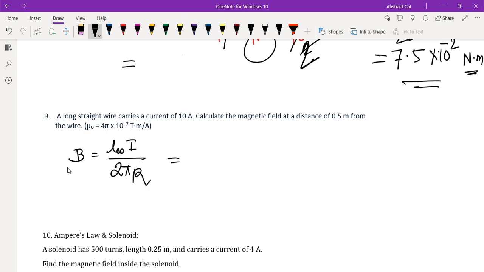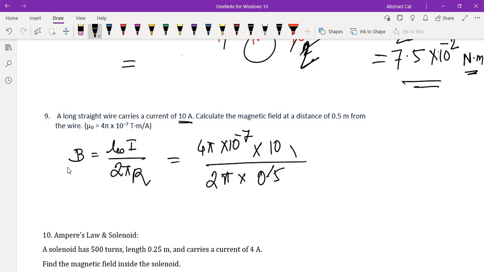Here mu 0 is 4 pi into 10 to the power minus 7, the current is 10 ampere, and at a distance 2 pi r with r 0.5, the 10 here, pi cancels, 2 4s are 2, 5 2s are 10, so we get 4 into 10 to the power minus 6 Tesla.